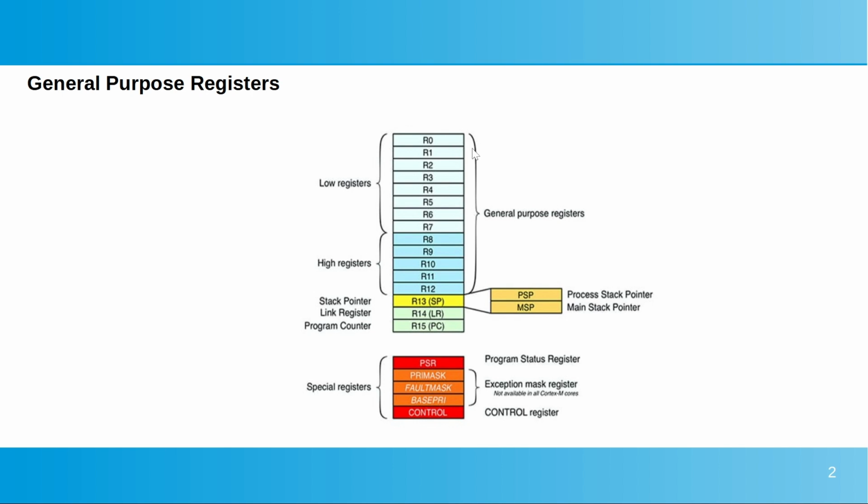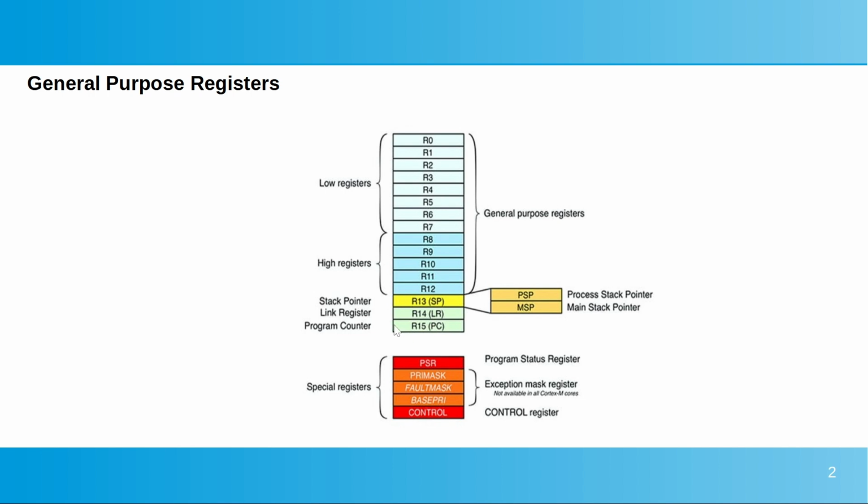As you can see, those registers from R0 to R12 will be considered as our general purpose registers. Hence, they can be used in combination with different instructions to access different memory areas in terms of read and write and so on.